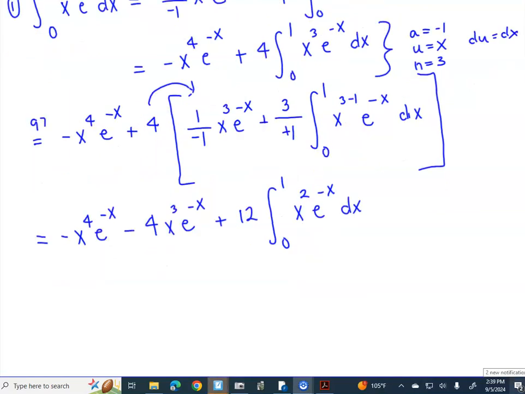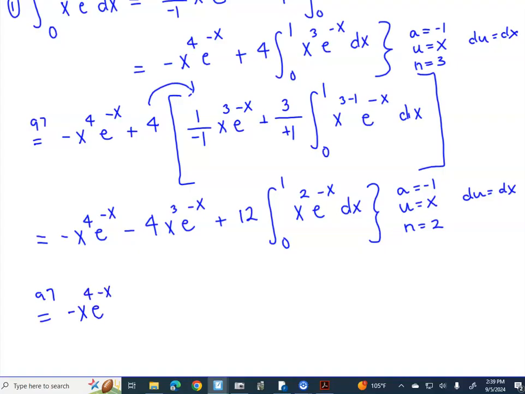So now we're going to do this again, where we know that a is equal to negative 1, u is equal to x, n is equal to 2, and du is equal to dx. So now, again using 97, we have negative x to the fourth e to the negative x minus 4 x cubed e to the negative x plus 12 times the integral.